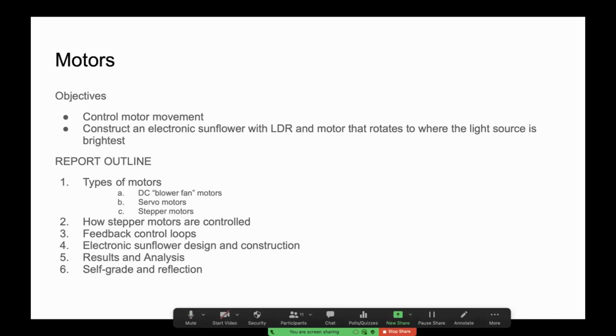Bahala kayo sa kung anong template format. Ang importante, nandito lahat, at the minimum, kung ano yung outline na sinulat ko, at the minimum, meron siyang outline na ganyan. So, I'm not particular about what template you would use.